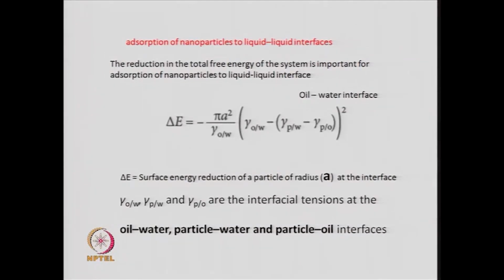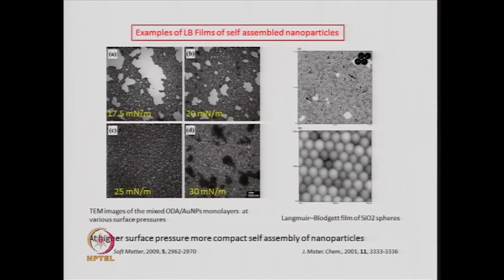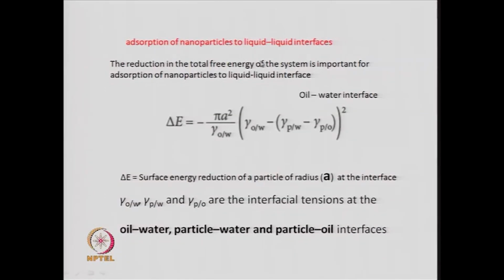Now, that was the air-water interface, that is the liquid and air interface. So, that was one kind of interface, how to make self assembled structures at the air-liquid interface. We can also have a liquid-liquid interface.